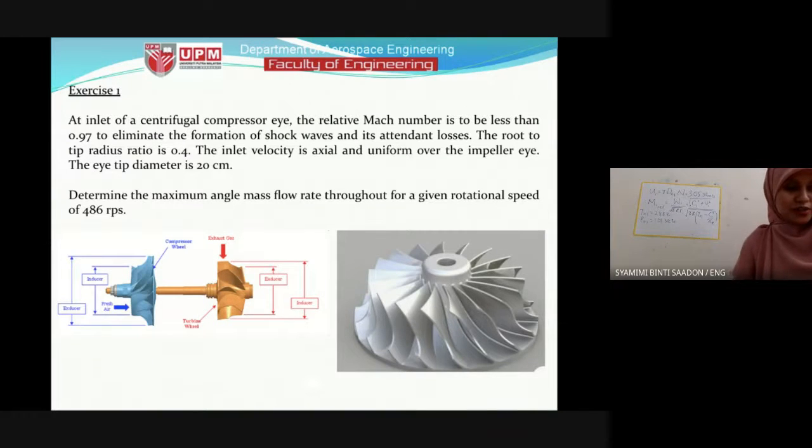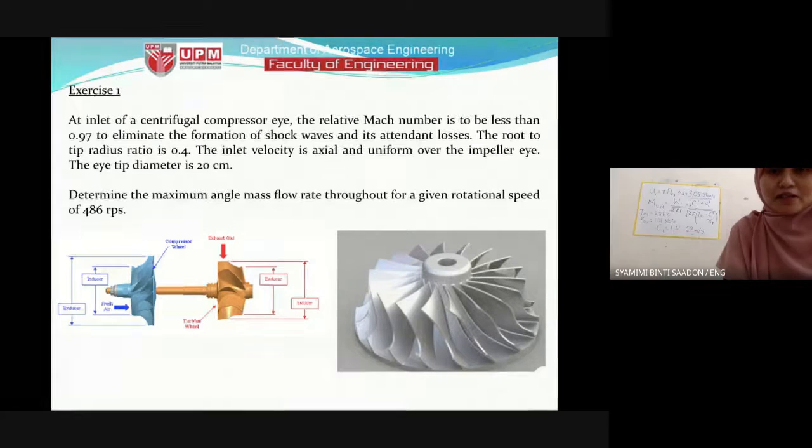So C1, I already calculated, I give you the answer, later on you check: 114.62 meter per second.